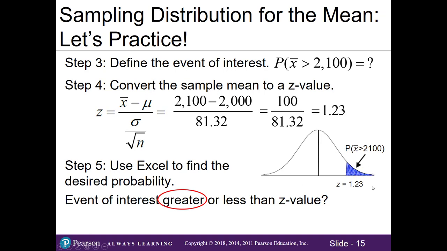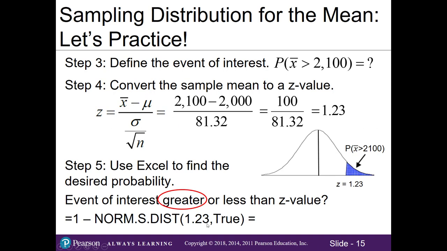Now recall in Excel though, it reads the probabilities from left to right. So whenever we're working with a greater than statement, we will use the formula based on the complement rule. So that's where we'll take 1 minus, and then here's our probability of the distribution. So we'll do 1 minus NORM.S.DIST, because it's already standardized. We standardized our sample mean into a z-value using this formula right here.